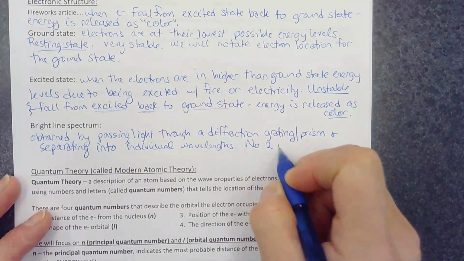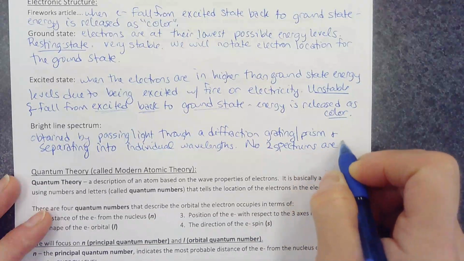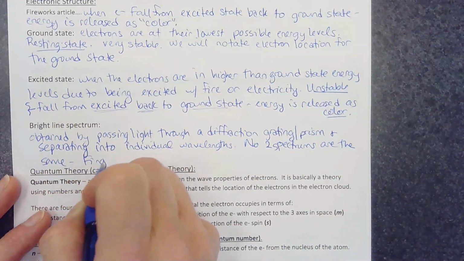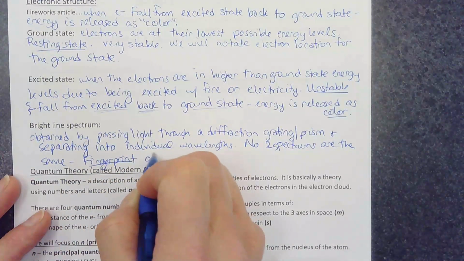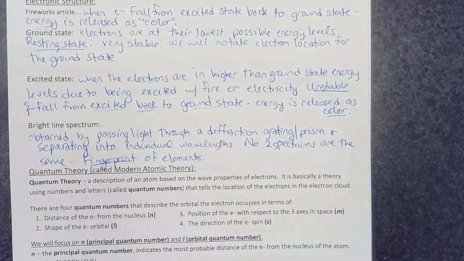No two spectrums are the same. They are a fingerprint. So they're a fingerprint of elements. So they are used to identify.